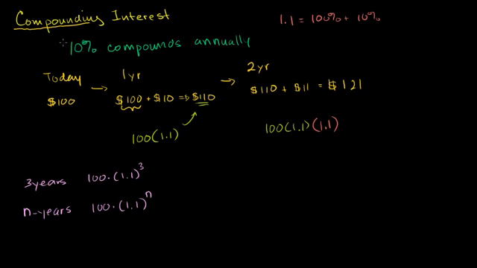And this is the situation where we're dealing with 10%. If we were dealing in a world with, let's say, 7% compounding annual interest, then after 1 year we would have 100 times, instead of 1.1, 100% plus 7%, or 1.07.